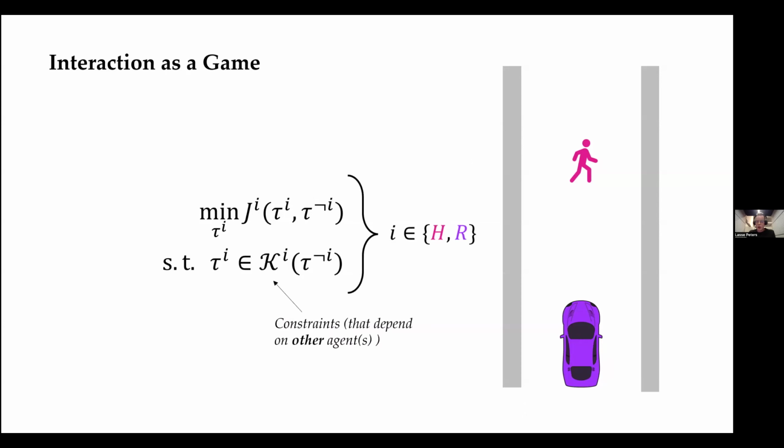And then in particular in robotics, we are also interested in capturing constraints. Here calligraphic K^i are the constraints for player i, which in general may also depend on the strategies of everyone else, for example, in order to model collision avoidance, but also dynamic feasibility or requirements like staying on the road and aspects like that.